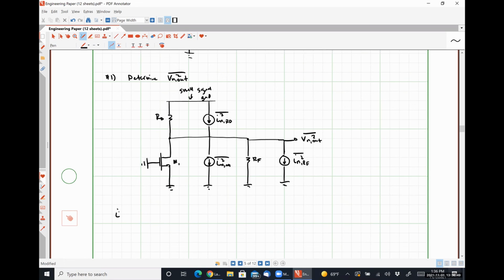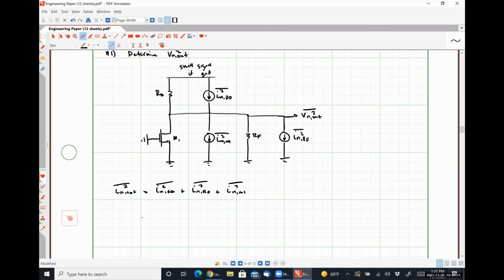So we can say that IN total in this case is INRD plus INRF plus INM1. And so that's going to be 4kBT over RD plus 4kBT over RF plus 4kBT gamma.